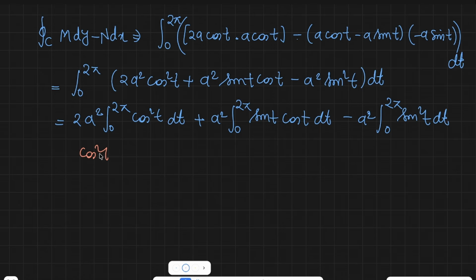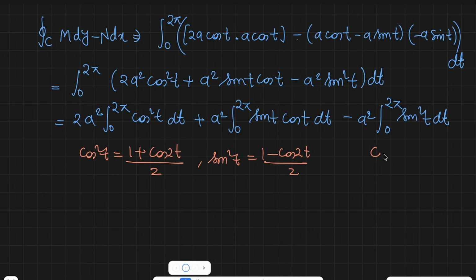All of you know that cos square t is (1 plus cos 2t) upon 2, and sine square t is (1 minus cos 2t) upon 2. This is from the formula cos 2t is 2 cos square t minus 1 and 1 minus 2 sine square t.